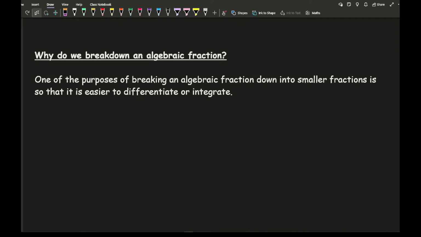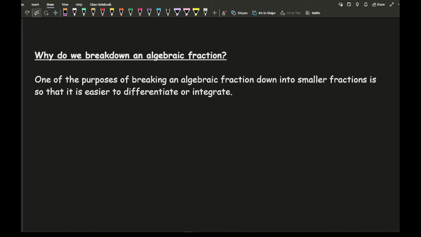Now, the main purpose of breaking an algebraic fraction into smaller fractions is so that it's easier to differentiate and integrate. Depending on where you are in your syllabus of A2 Maths, it does get a lot more complicated. So this topic is like the part A, part B of a question, and then part C or part D will lead on to binomial expansion or differentiation or integration.